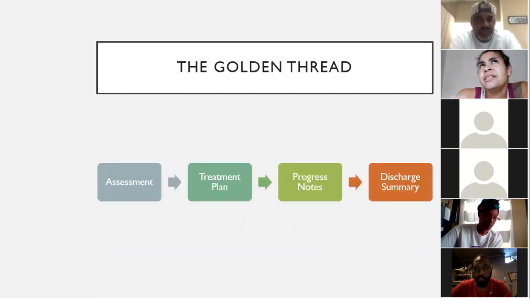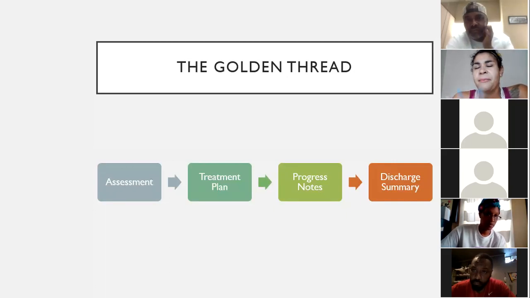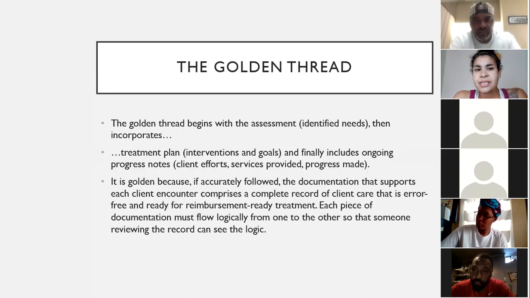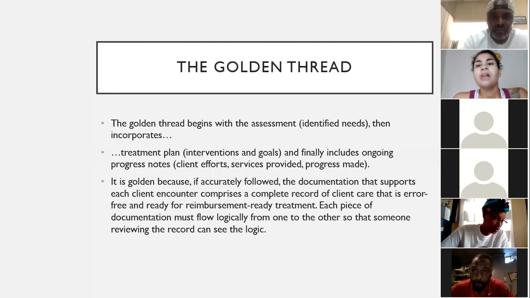So I believe it was DJ that mentioned this at one point when we were doing introductions, but there is something called the golden thread in clinical documentation. Basically, the golden thread consists of the major types of documentation that I mentioned before: the assessment, treatment plan, your progress notes, and your discharge summary. As you'll see, it begins with the assessment, which identifies all of the needs that the client has in treatment.